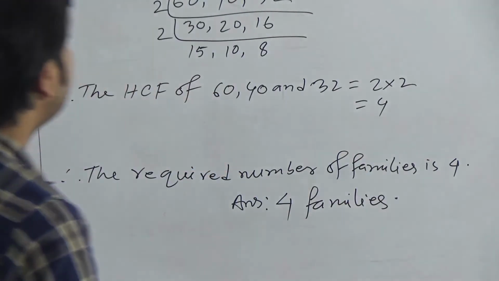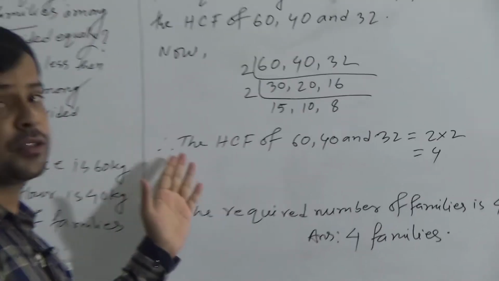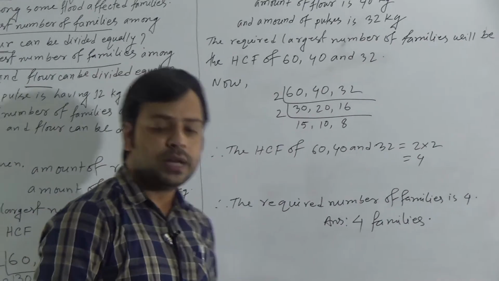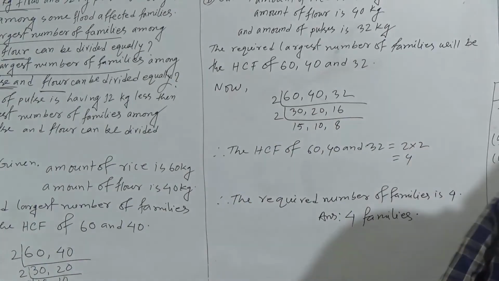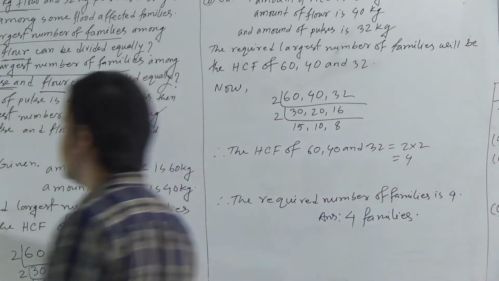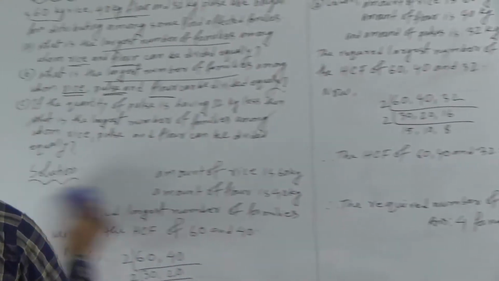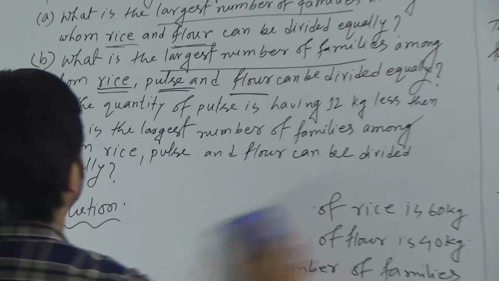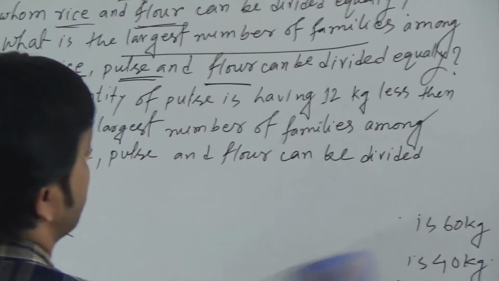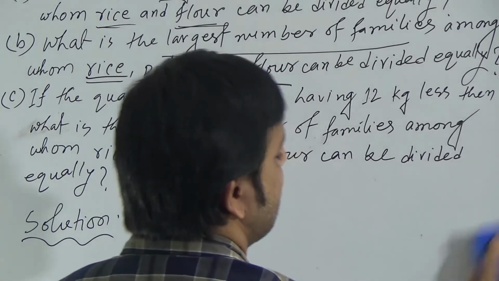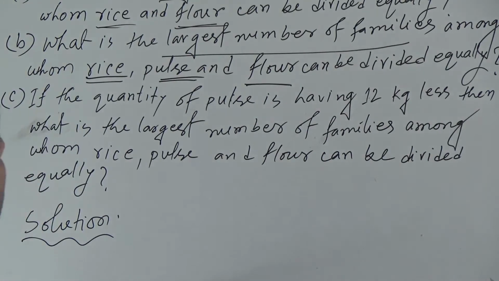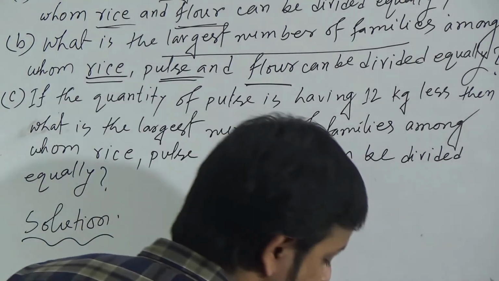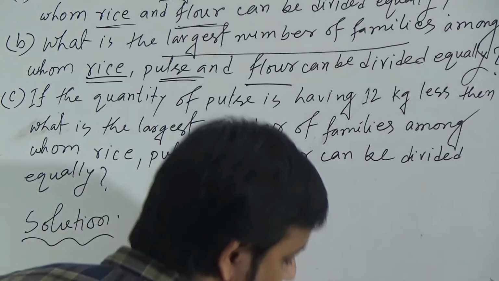Dear students, I hope you have understood the solution of question B. Now I have to solve question C. What is question C? If the quantity of pulse is 12 kg less, it means we have to subtract 12 kg from the given quantity of 32 kg.